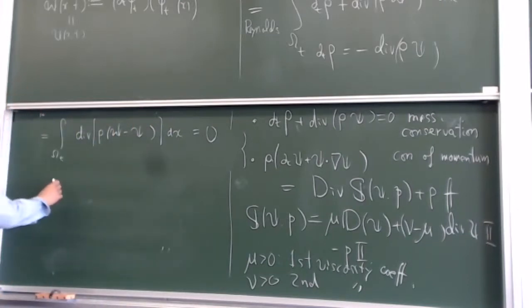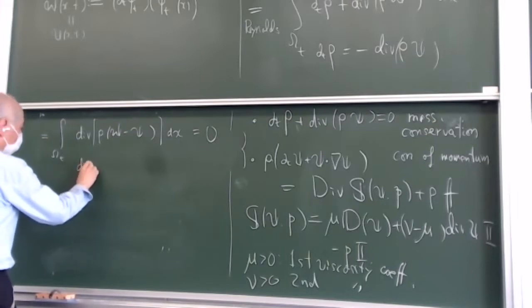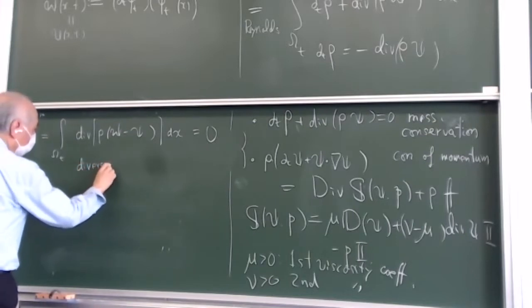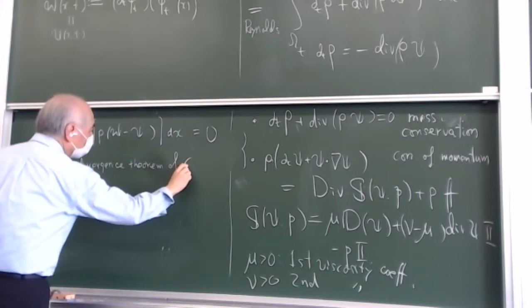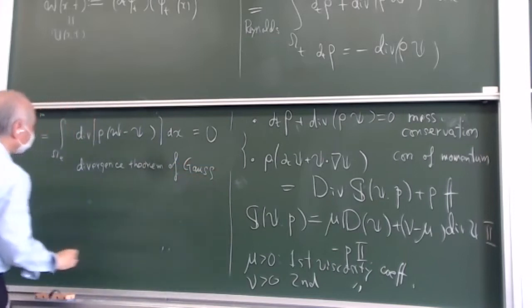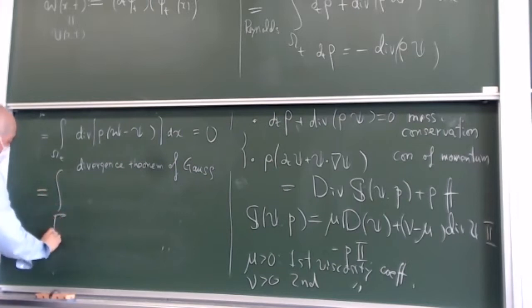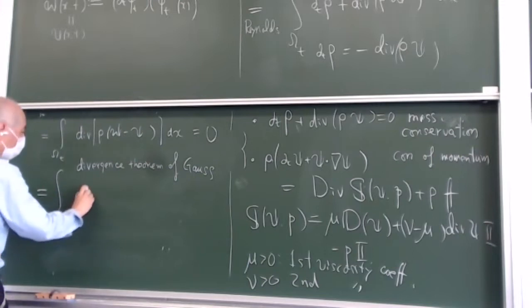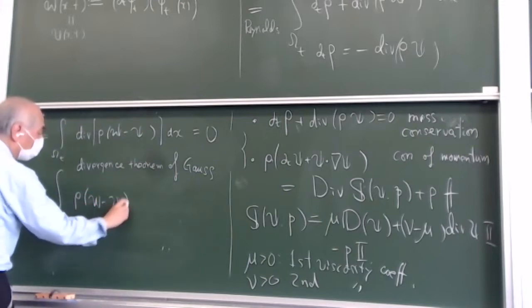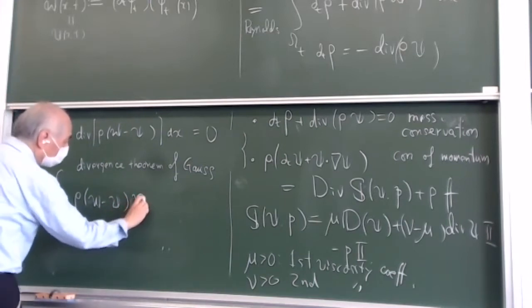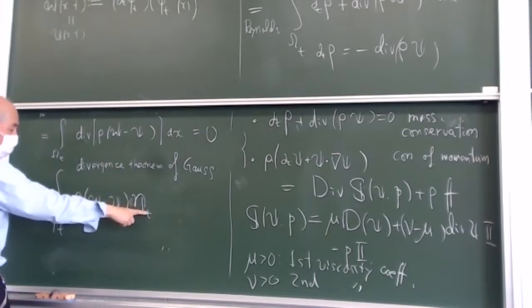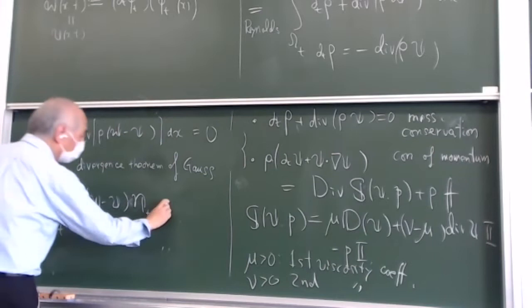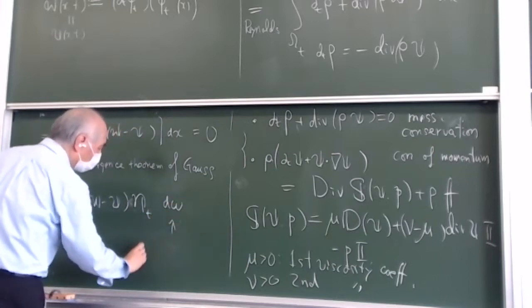And then the divergence theorem of Gauss goes to the integration on the boundary. The divergence is changed to the multiplication by n, and then d sigma, where d sigma is a surface element.